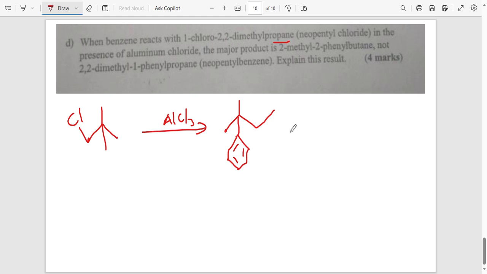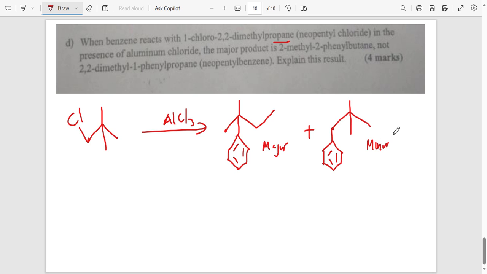This is the major, and not 2,2-dimethyl-1-phenylpropane. This is propane: 1, 2, 3. 2,2-dimethyl, 2 methyls here, and then a phenyl at position number 1. This is the minor.